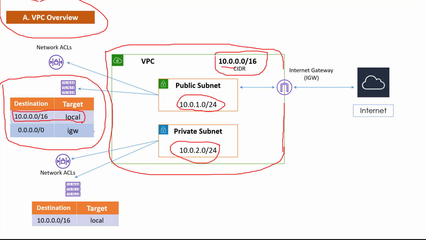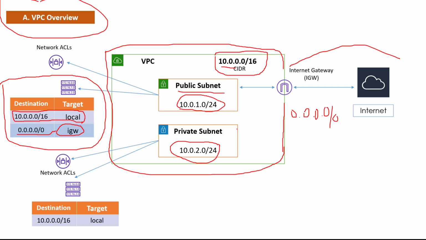Now the second thing is why this is called a public subnet: the internet gateway is defined inside the routing table. So the routing table is really important, as it defines whether a subnet is private or public. You can see here, other than this IP range, all IP ranges will be routed through this internet gateway. The 0.0.0.0/0 route means all IP ranges will be routed through this internet gateway other than the VPC CIDR itself.